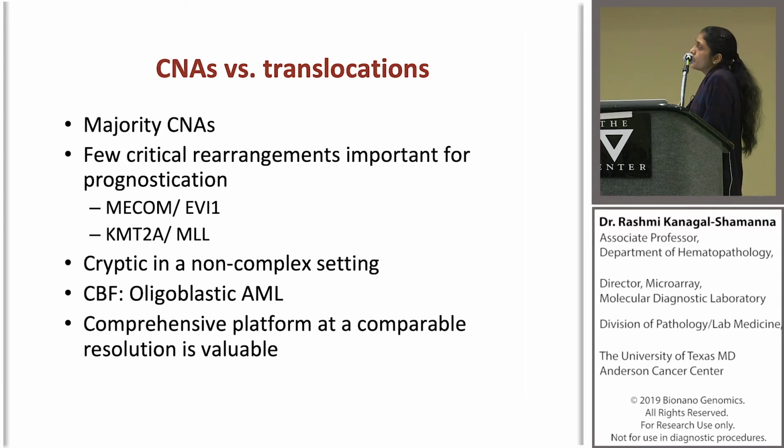So these patients respond very well to cytarabine and don't respond well to MDS related treatment. So it's very important. So if we have a system, a single platform assay that is able to identify both the copy number changes and the translocation at the same time, it would be very valuable in this setting.